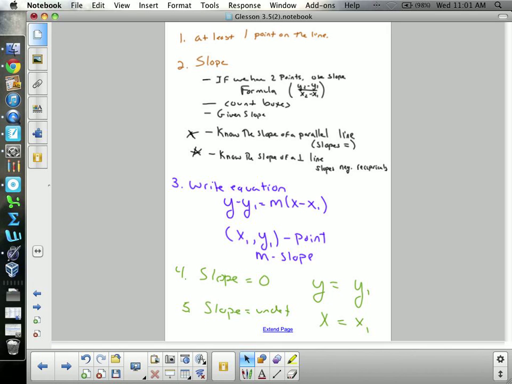I'm always giving you the equation in slope-intercept form, so it should be easy to find the slope of the line. But it's the same technique. Once you find the point and the slope, we keep using the same technique over and over again. It's just that sometimes you have to be a bit of a detective to figure out how we're going to find the slope of that particular line.